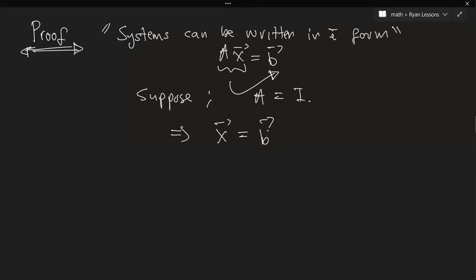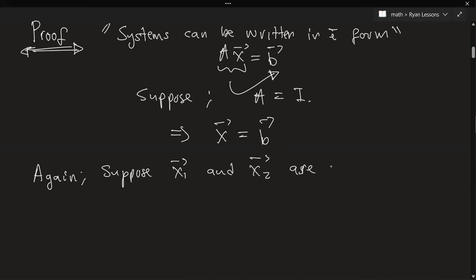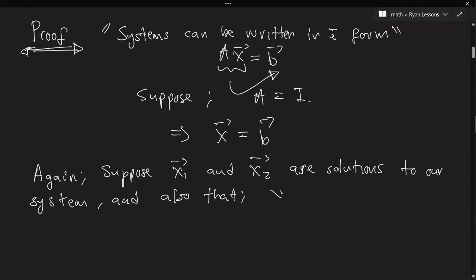Now let's look at the final case. How can we prove the final case? To prove this final case, we are going to approach it this way. Suppose X1 and X2 are solutions to our system, and that X1 is not equal to X2.